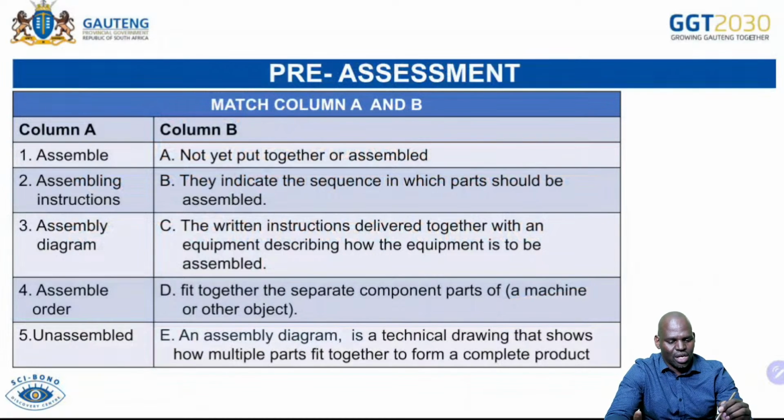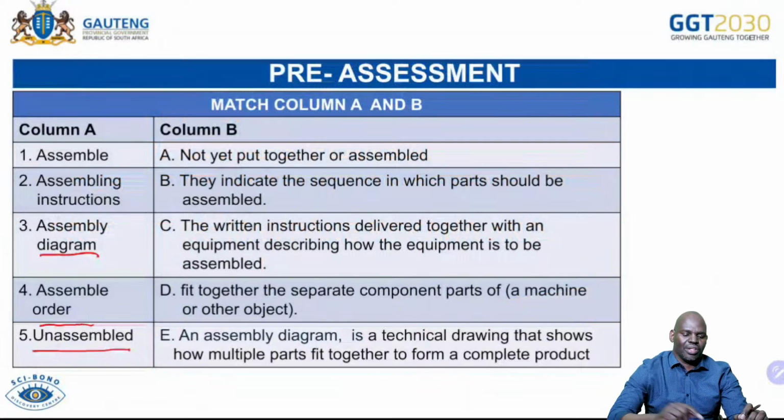In this case, we have to match column A and B. Under column A, we've got the following words: assemble, assembling instructions, assembly diagram, assemble order, and unassembled. For all these terminologies, there are possible explanations under column B, so you just need to match.